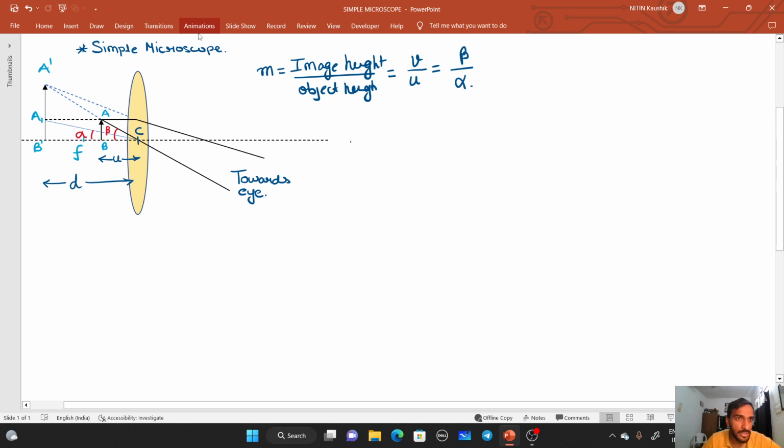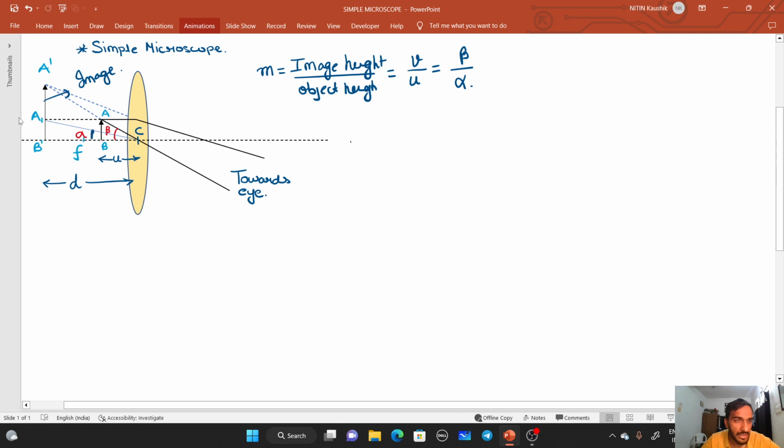Now where is beta and alpha? See, here is beta. So beta is the angle subtended by the image. So this is the image, that is the enlarged image that is observed of object AB. A B is the object, and A dash B dash is the image. So the angle subtended by the image at the pole is beta, and alpha is the angle subtended by the object, right?